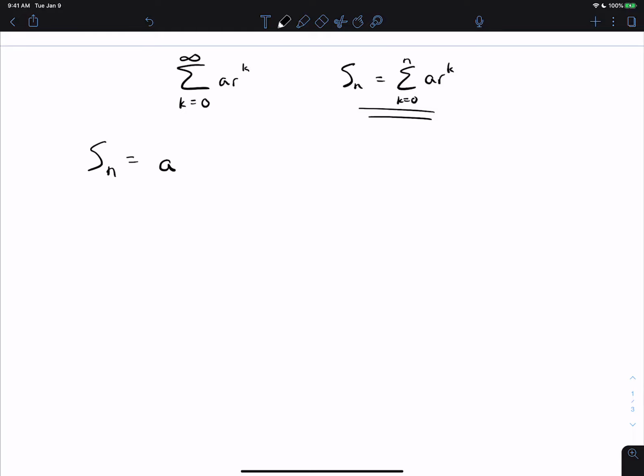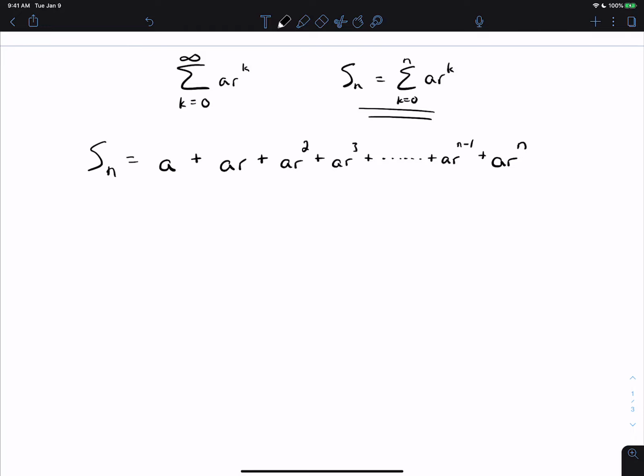So we get a, and then plus k equals 1 gets us ar to the first, k equals 2 gets us ar squared, k equals 3 gets us ar to the third, k equals 4 is ar to the fourth, ar to the fifth, ar to the sixth, and so on. And so the last term in the expansion would be ar to the n, where n is just some large number. And the one right before that, kind of like the one we were doing a minute ago, is ar to the n minus 1.